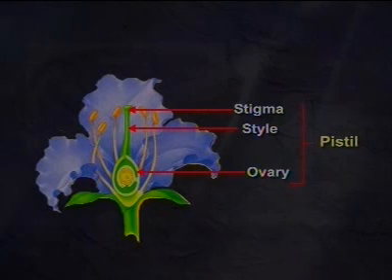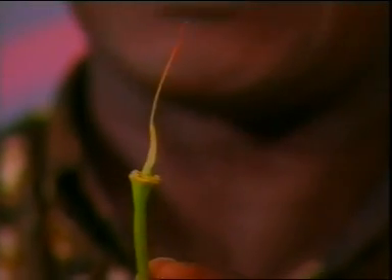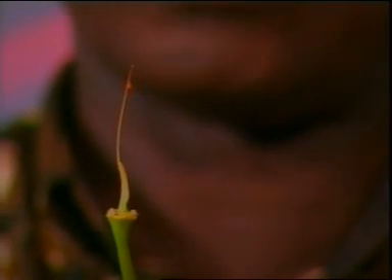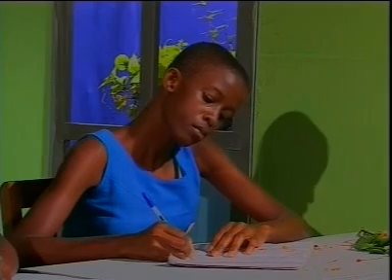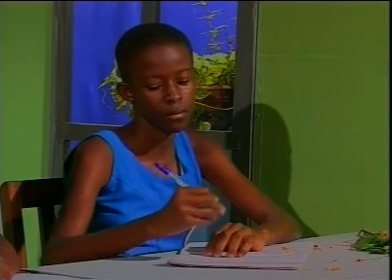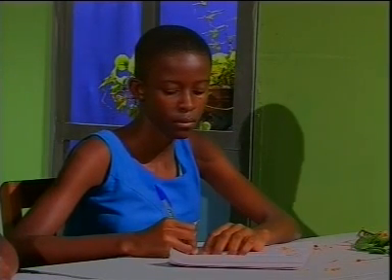But each ovary will contain a number of tiny structures called ovules. We shall quickly look at the functions of the parts of the pistil.